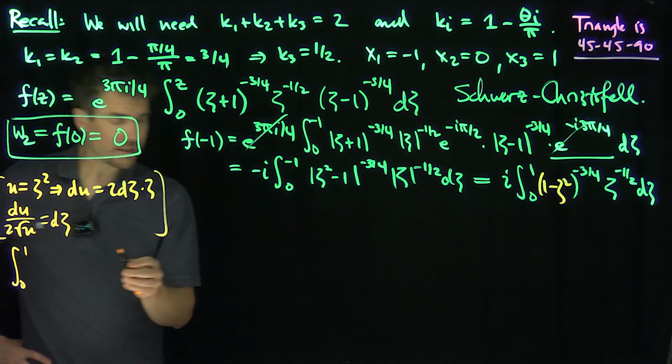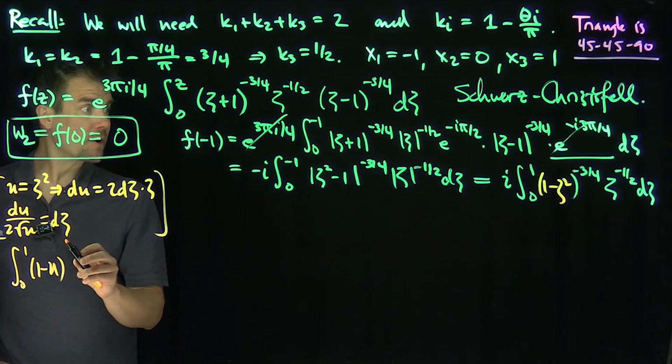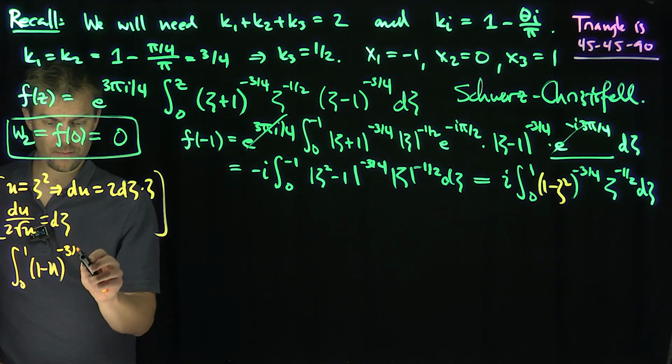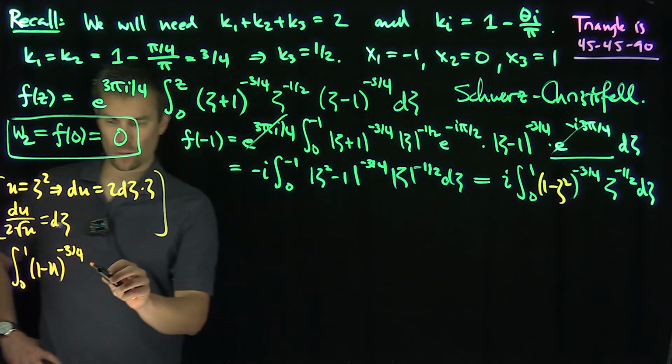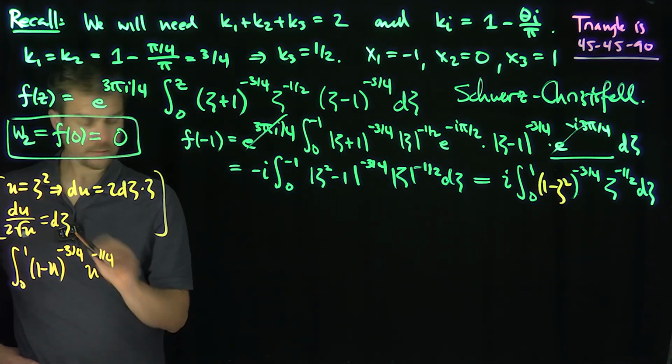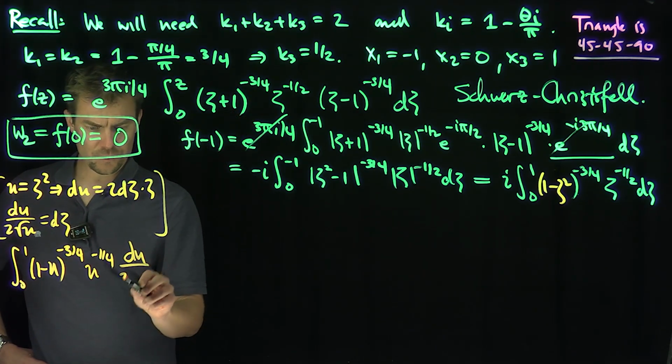And then that's going to be a 1 minus u to the power negative 3/4. Then we have a zeta, which is root u, so that's going to be a u to the negative 1/4 power. Then a d zeta, which is going to be du over 2 root u.